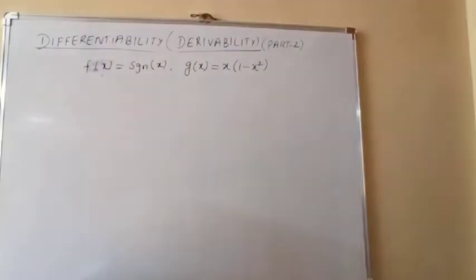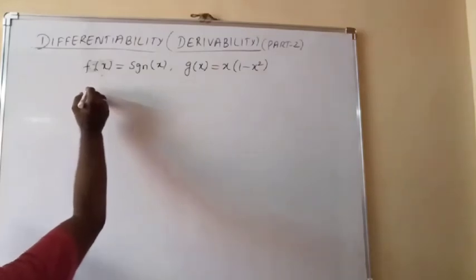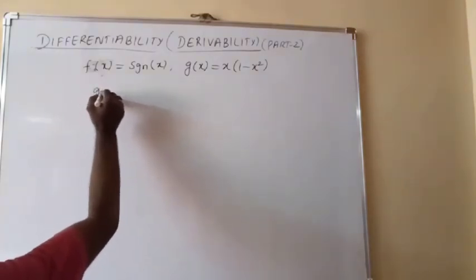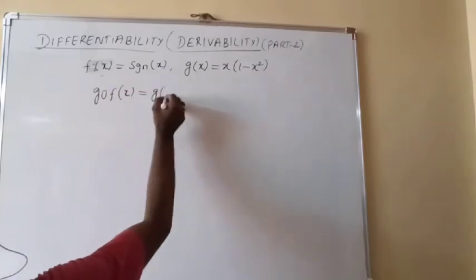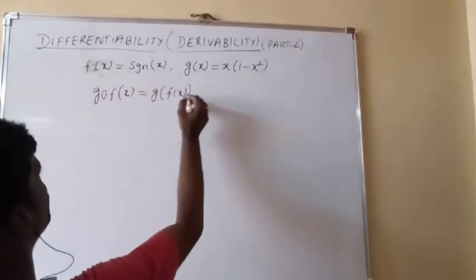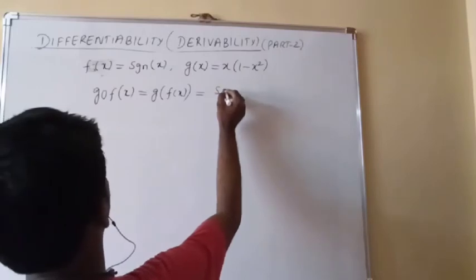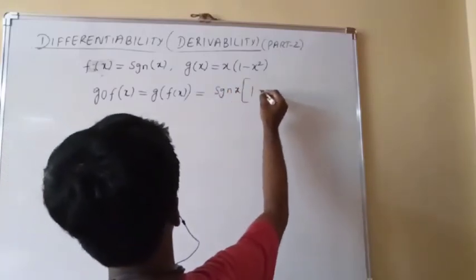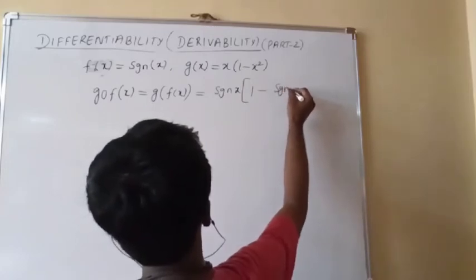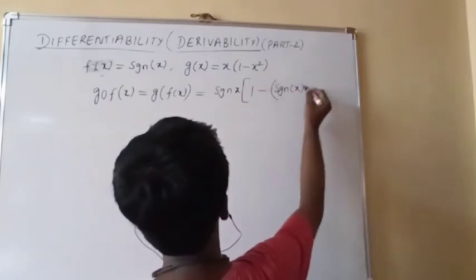Okay. So first I'm finding gof of x, that is g circle f of x, g of f of x. So what you will get, g of f of x, can I write directly? Signum function of x into 1 minus signum function of x whole square.